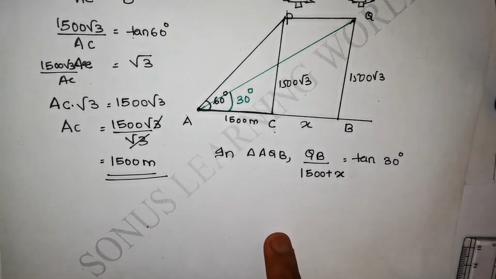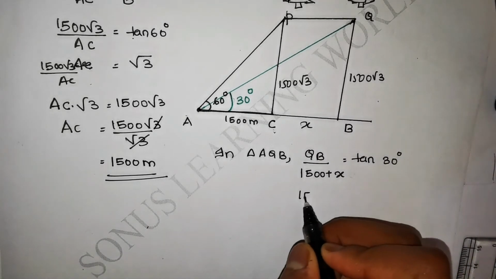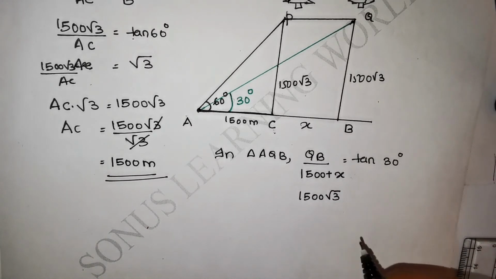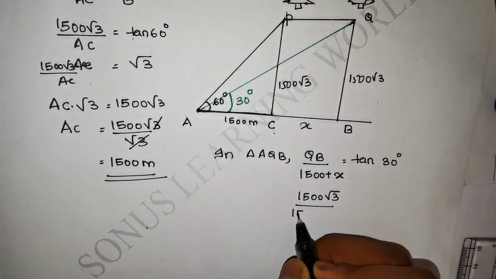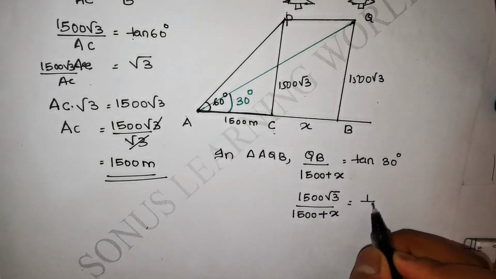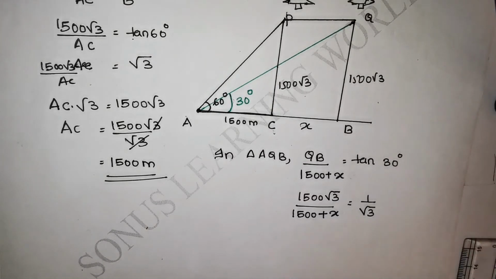So what is QB, students? QB is equal to 1500 root 3, divided by 1500 plus x is equal to tan 30, which is 1 by root 3. So next is the cross multiplication part.